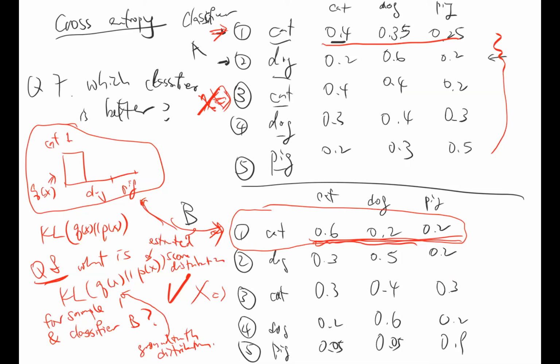It should be very simple, actually like 30 seconds. Note that when your QX is a delta function, it makes it much simpler.